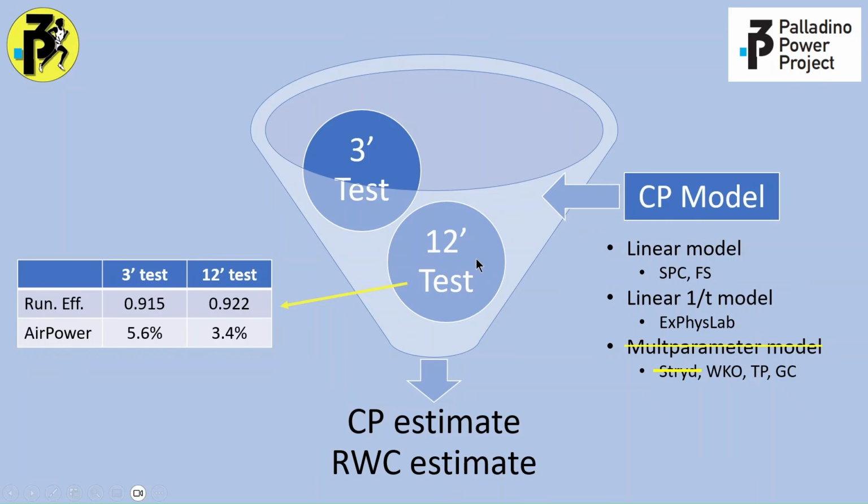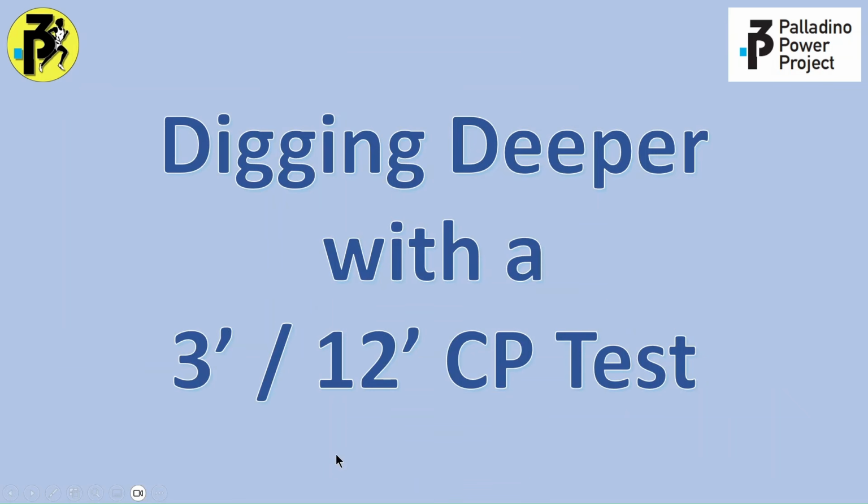So again, deeper dives into the data entry, the model, and the outputs. You get deeper dives besides just the CP and the reserve work capacity. So there you have it.